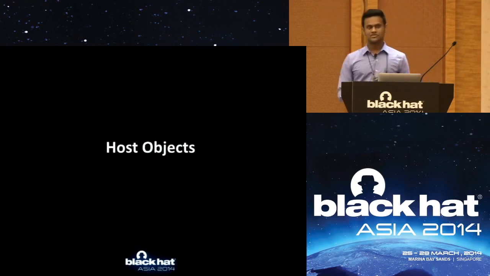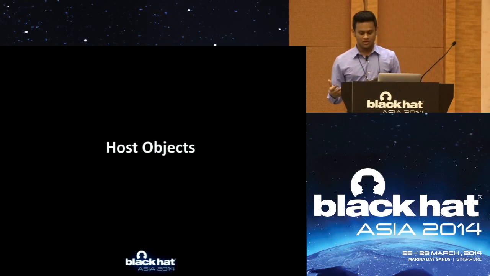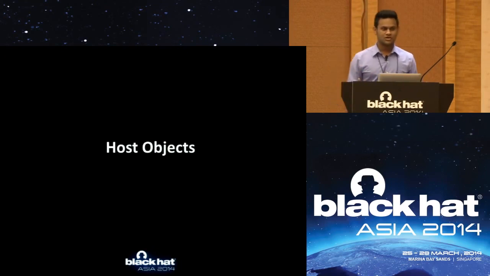And then you have the host objects. This is something we need to really understand before we try to take a look at how the different JavaScript implementations work. As it would be obvious from the name itself, host objects are something which you normally use to interface your JavaScript engine with your platform.